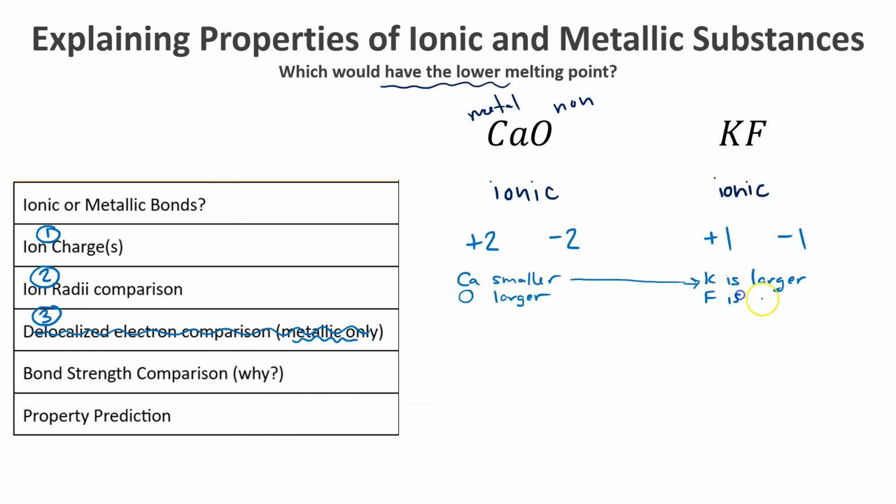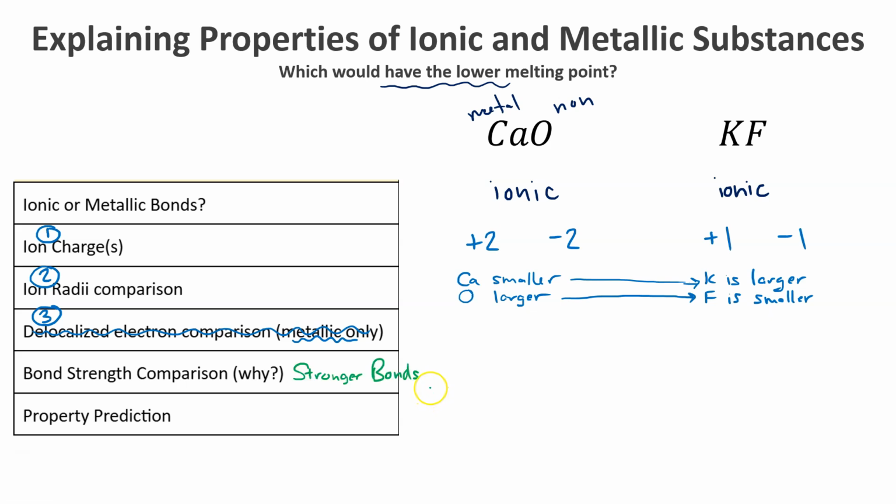The one thing we're not denoting here is remembering that calcium and potassium are both larger than oxygen and fluorine. So the one thing to note here is that the patterns in ionic radii for these 2 substances are not as clear, right? Calcium oxide has a smaller one with a larger one, same thing with potassium fluoride, so that's not as clear cut what those differences are going to be.